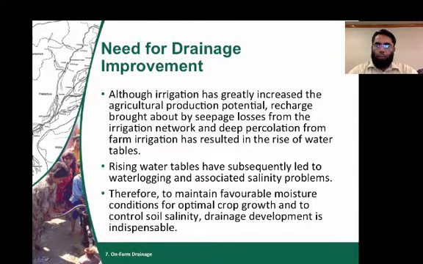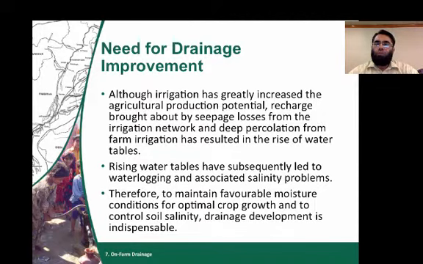Although irrigation has already increased the agriculture production, recharge brought about by seepage losses from irrigation network and deep percolation from farm irrigation has resulted in the rise of water table.